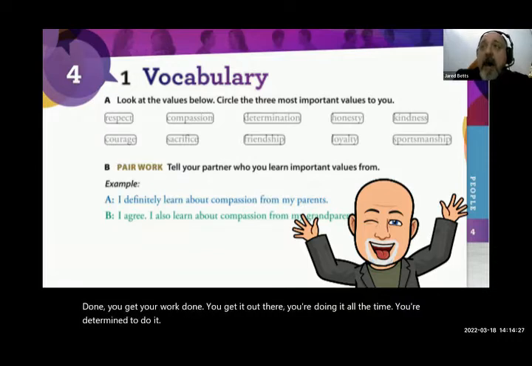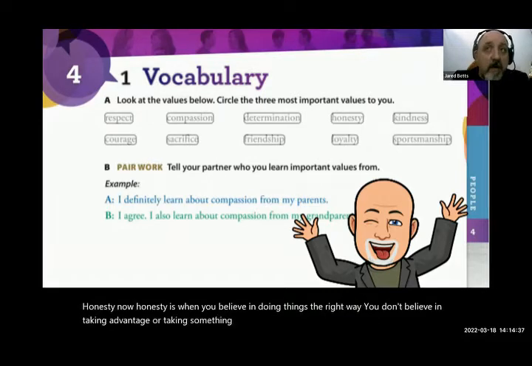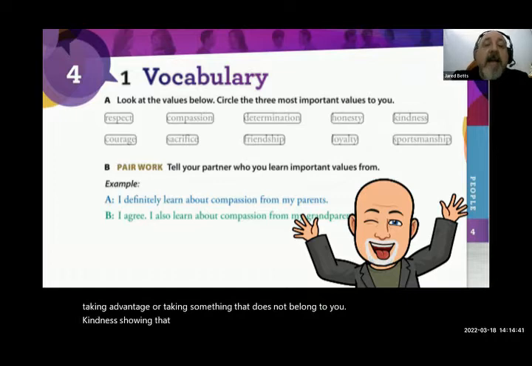Honesty. Now, honesty is when you believe in doing things the right way. You don't believe in taking advantage or taking something that does not belong to you. Kindness, showing that you can be nice to someone or something. Now, courage.